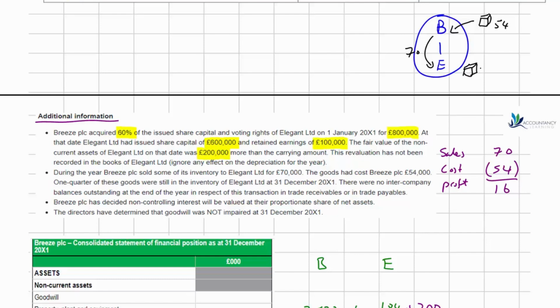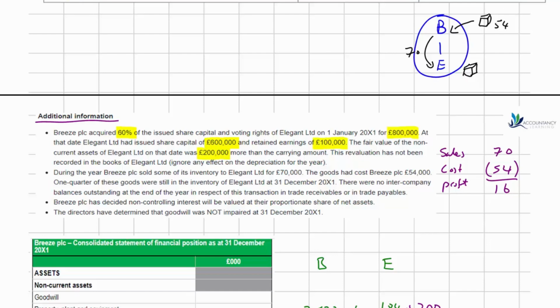But remember, according to IAS 2, inventory should be stated at the lower of cost and net realizable value. Well, the cost to Elegant is 70, but the cost to the group was 54. So that means we need to reduce the cost of the inventory down to the original cost to the group, which was 54. And therefore, that profit needs to be removed.